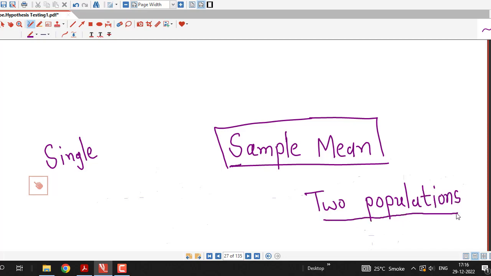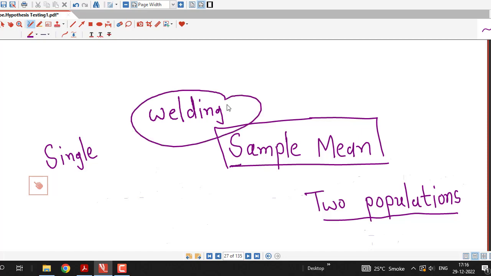For example, suppose we have two populations of different methods of welding. Suppose we are discussing two methods of welding and we want to compare which method of welding is better in respect of their mean strengths.